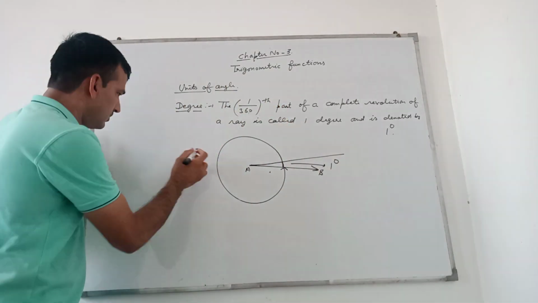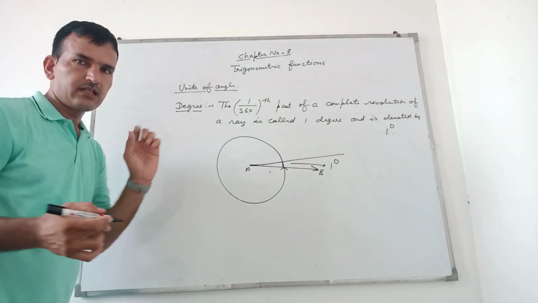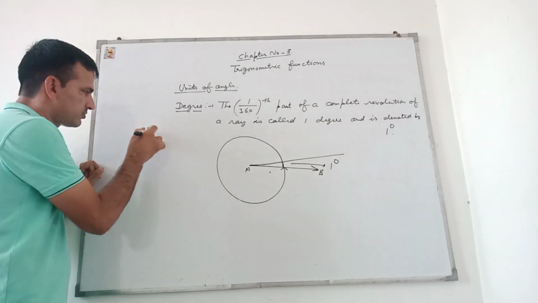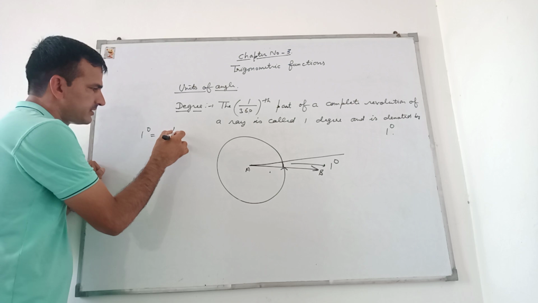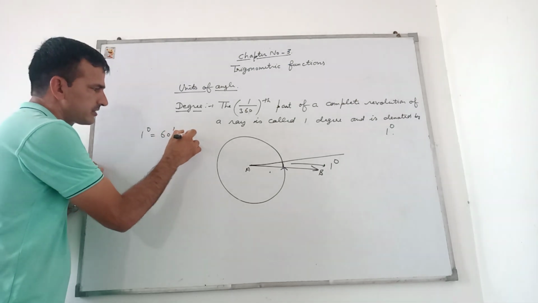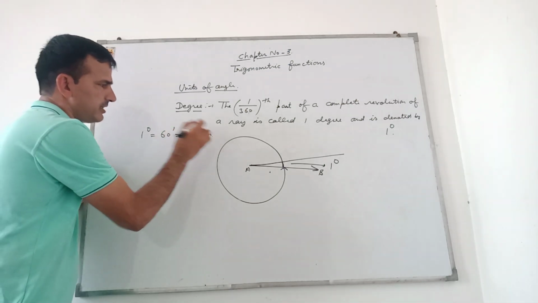Understand? Now other units of angle: 1 degree equals 60 minutes.